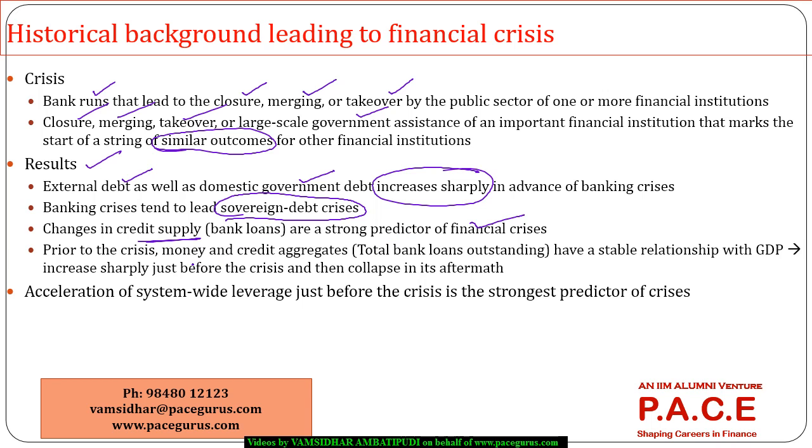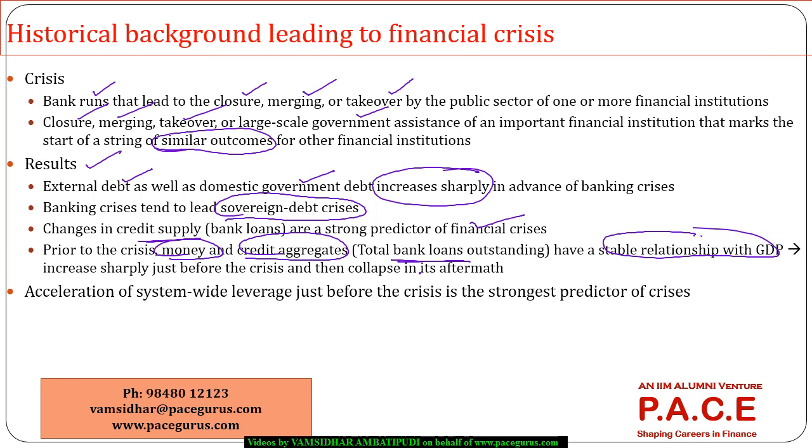Prior to the crisis, the different kinds of money supplies as well as the credit aggregates, when I am talking about credit aggregates, the sum total of the overall outstanding loans that the banks had, in general had a stable relationship with the GDP. But just before the crisis, these numbers increased quite drastically. But once the crisis starts, you see that these numbers go lower and lower.